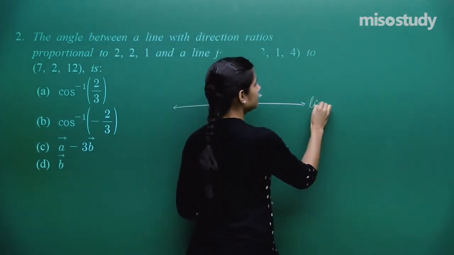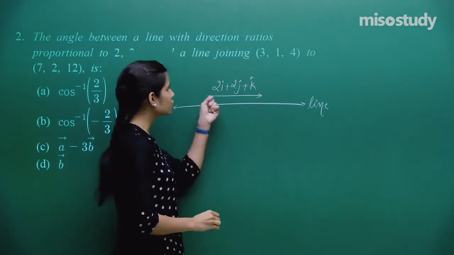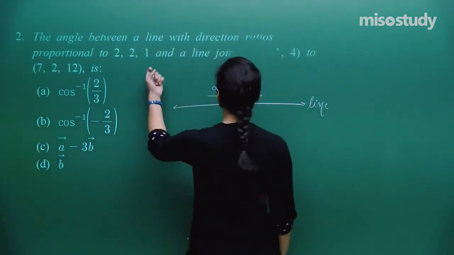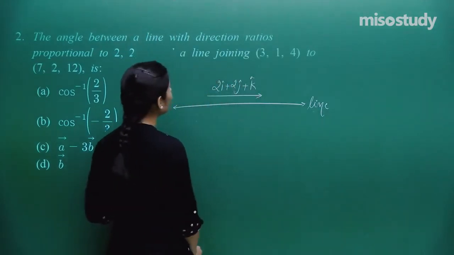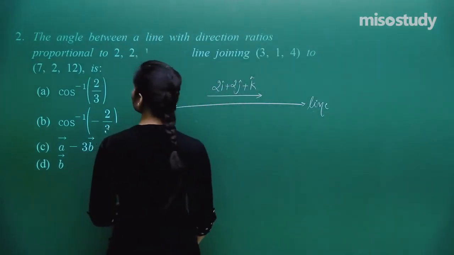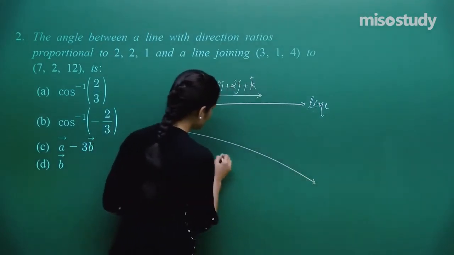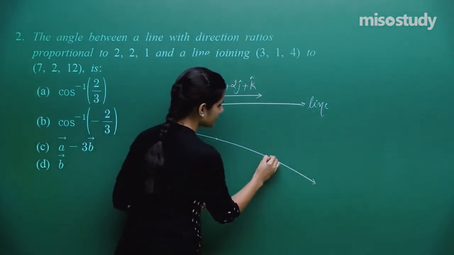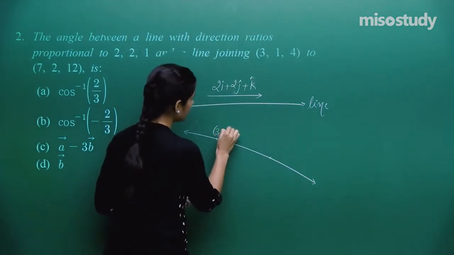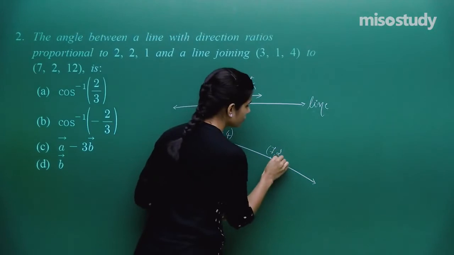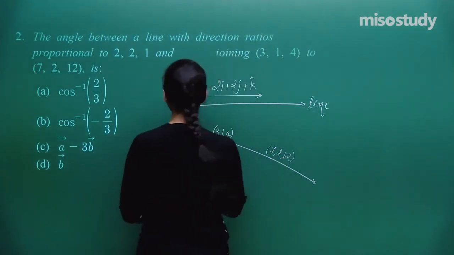And suppose this is the line which is joining 2 points 3, 1, 4 and 7, 2, 12.